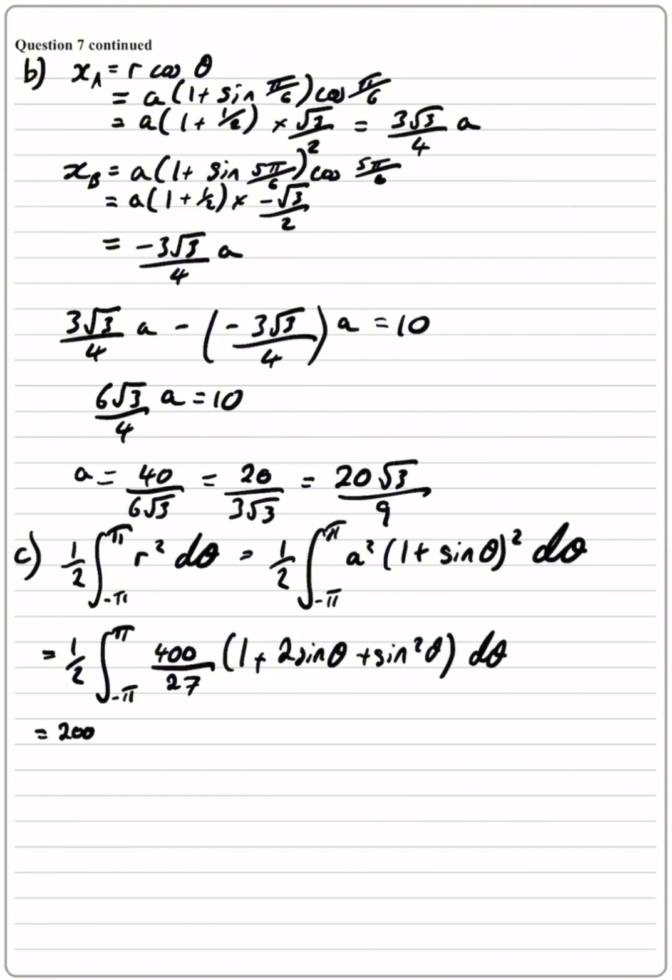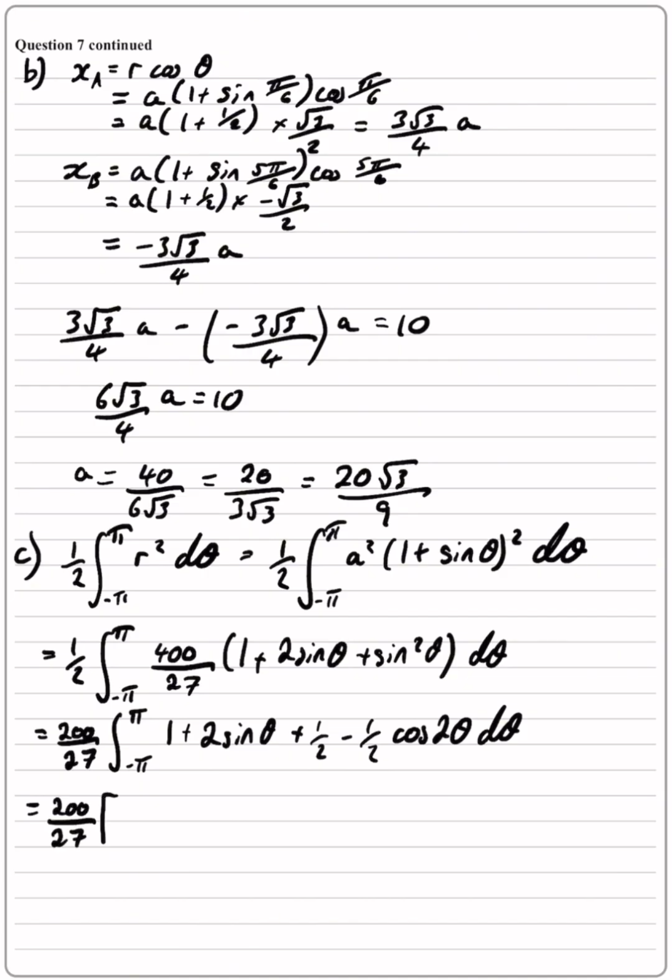I'm going to take the constant out the front, so half of 400 is 200, so 200 over 27 lots of the integral between minus pi and pi of 1 plus 2 sine theta. I'm going to replace sine squared theta with a half minus a half cos 2 theta. You could integrate it using integration by parts twice if you wanted to, but it's easier to do it this way.